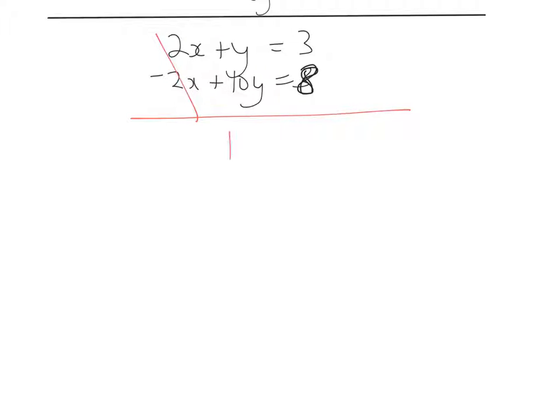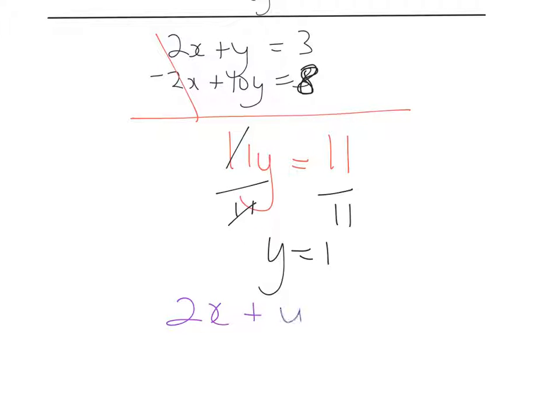And that gives me 11y, and I get that by going y plus 10y is 11y, and 8 plus 3 is 11. And obviously I want to find out what y is, so I'm going to divide both sides by 11. Those 11 cancel, and I'm told y is equal to 1. I'm going to substitute that answer into my top line, which was 2x plus y equals 3. It's now 2x plus 1 equals 3.